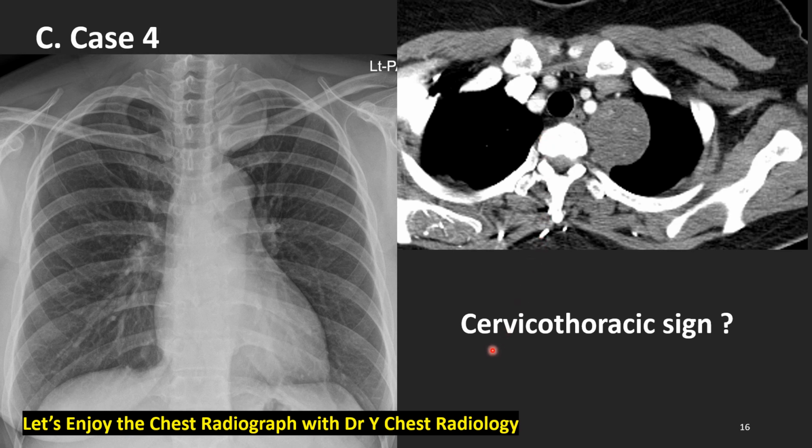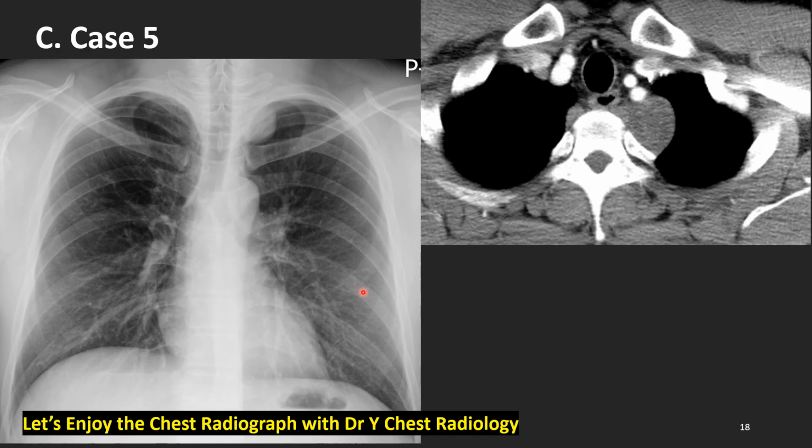Have you ever heard of the cervicothoracic sign coined by Dr. Felson? Dr. Felson made this term for a lesion well above the thorax, in cervical location, overlying thoracic structures. That is the cervicothoracic sign. That means the lesion is not in a thoracic location, but in a cervical location.